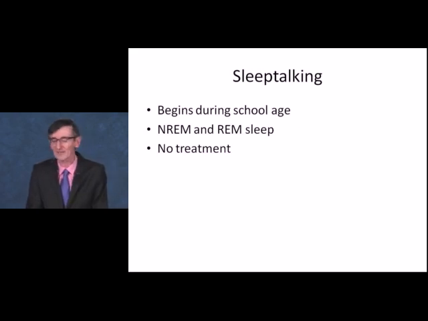Sleep talking, really common. It occurs like bruxism in non-REM and REM sleep. Kids gradually grow out of this, and there's no treatment necessary. They don't talk for very long, the conversations are brief, and certainly non-intelligible.